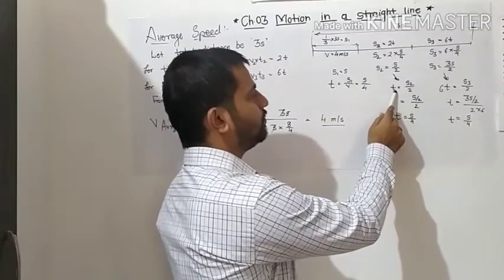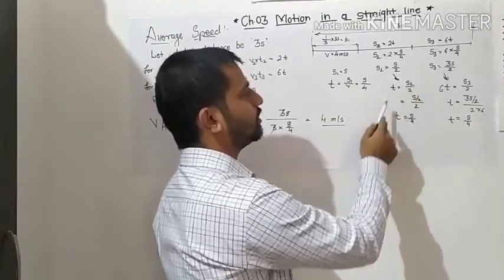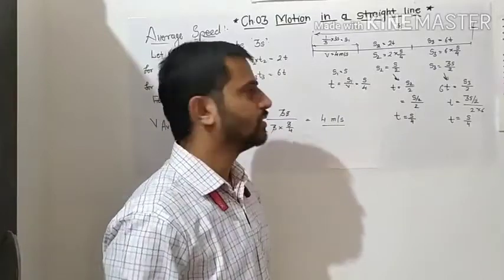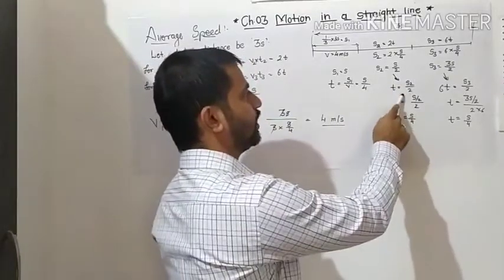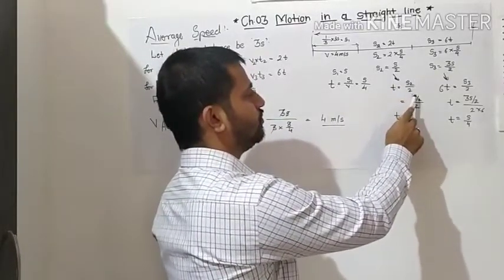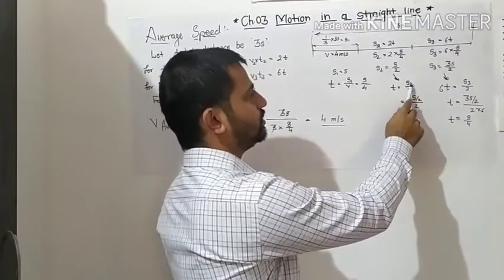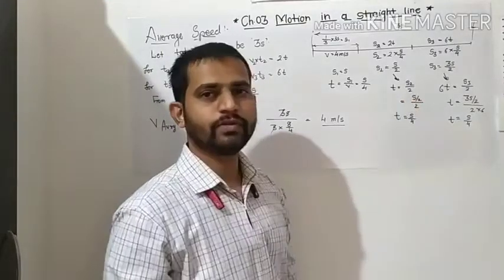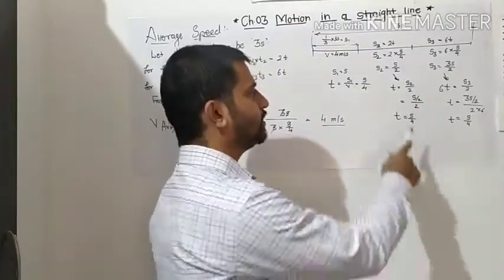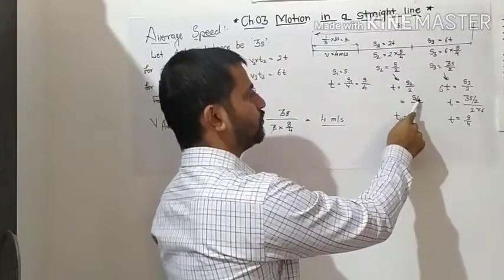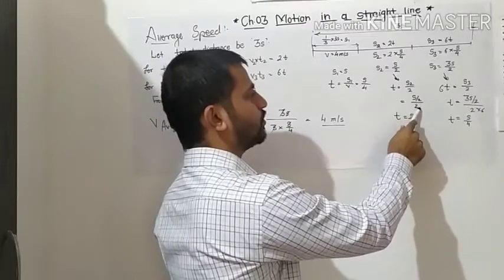Then from this, how much is the time interval for this distance of s upon 2? We have to calculate. Then s2 is s upon 2, and 2 will be the speed.